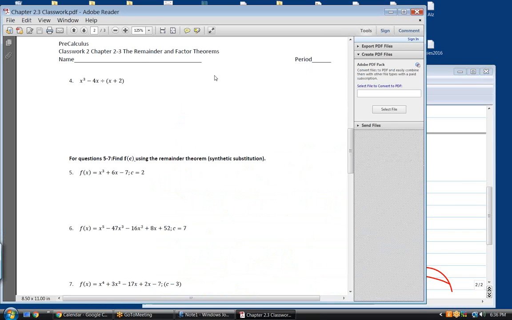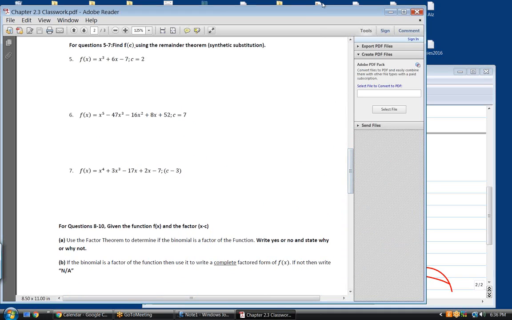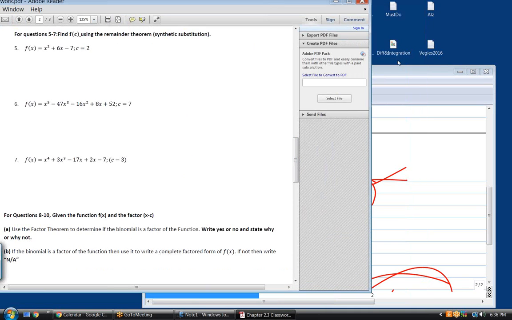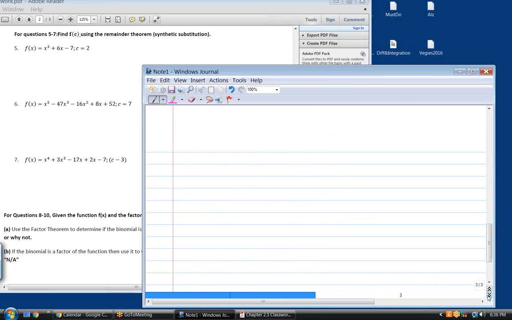Okay. And let's do at least 5. We'll start. Find f of c using the remainder theorem. I have no idea how to do this one. How would I substitute? Well, hold on.